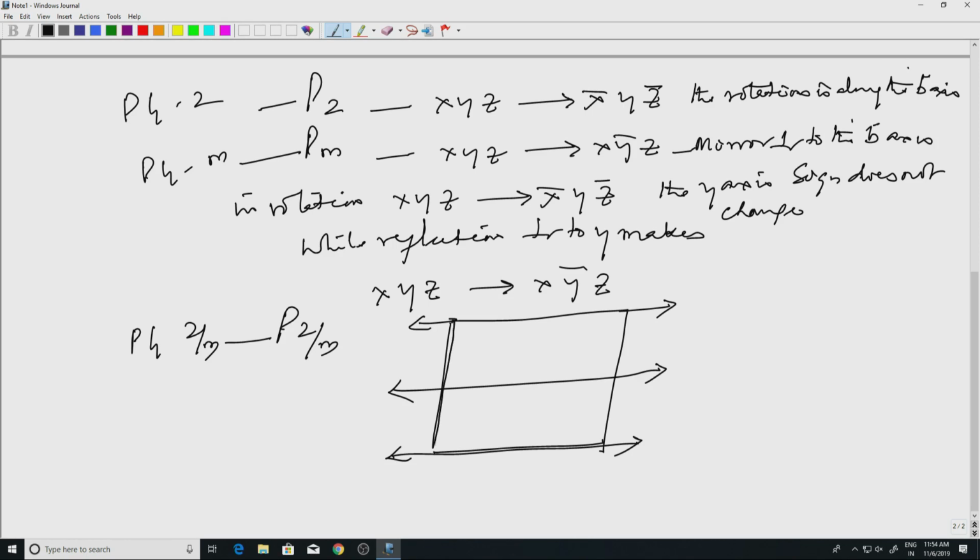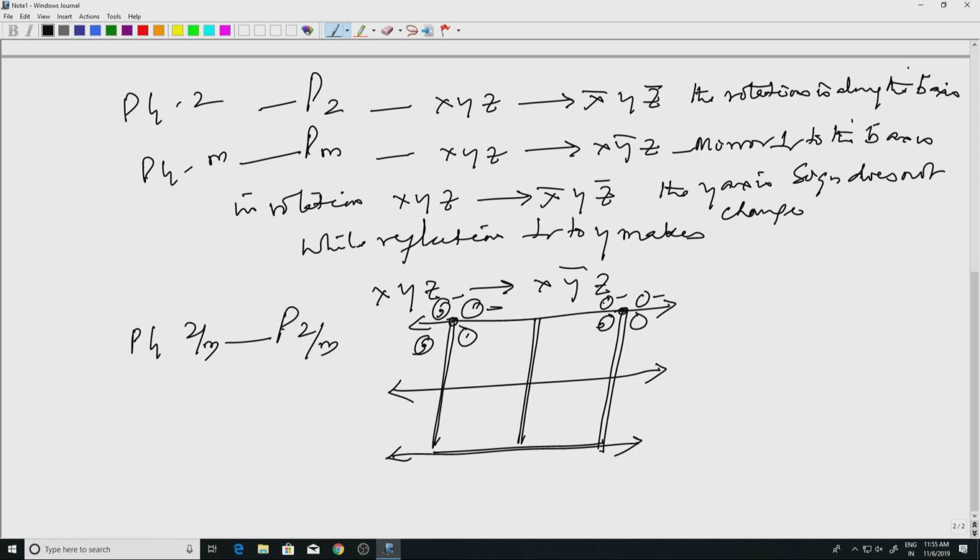Mirror is perpendicular to B. So you get this here. Rotation takes it here, and you get the inversion here. So an inversion center is generated. Similarly here, here, here. So inversion is here.